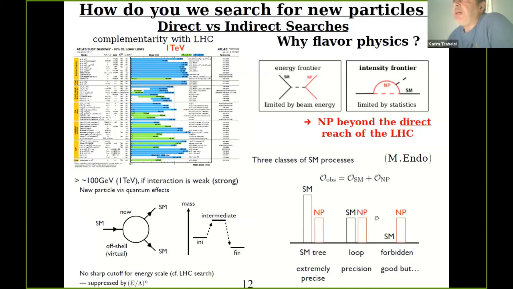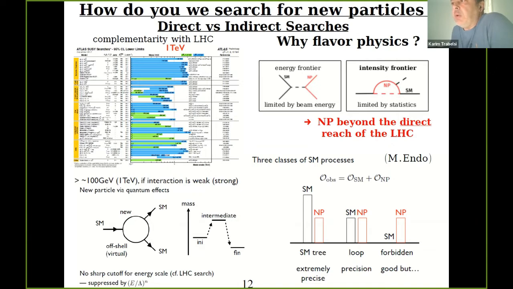So in the top left part here, I just mentioned the complementarity with the LHC, looking for those direct searches, so direct signatures of new physics, but without, until now at least, much success.